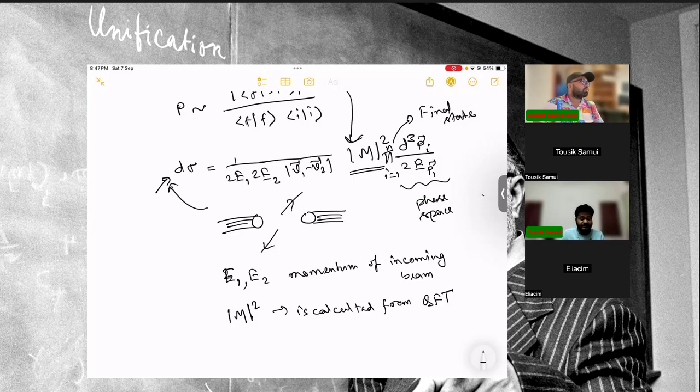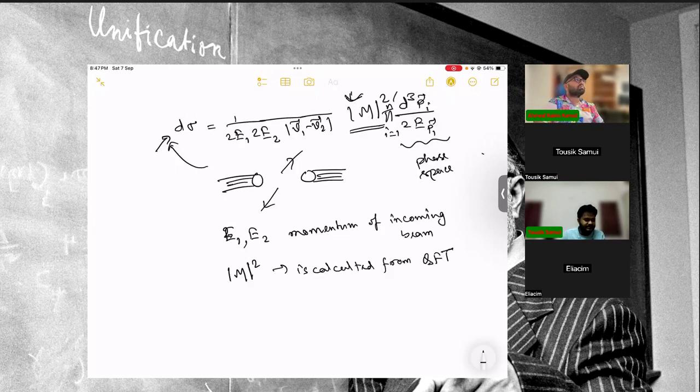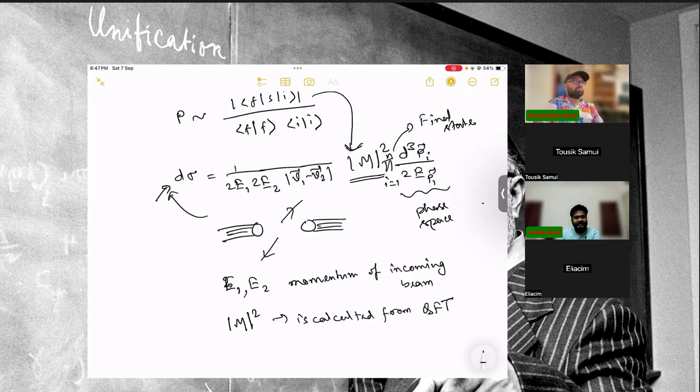That is the greatest success of QFT. There are many other things, but I wanted to show that this is how we define the cross section, and this distribution can be measured, and has been measured to very good accuracy in collider experiments and other experiments also.